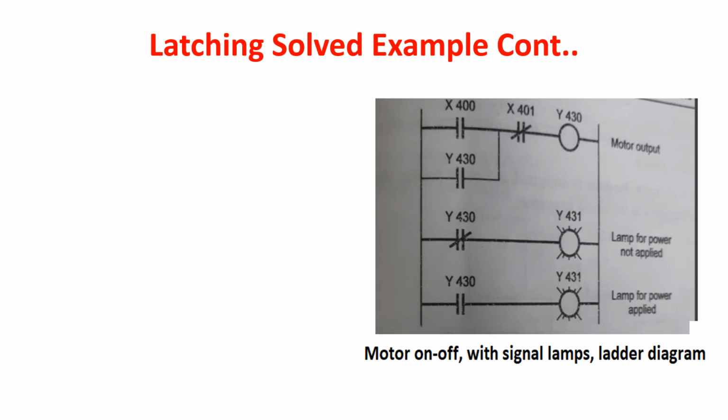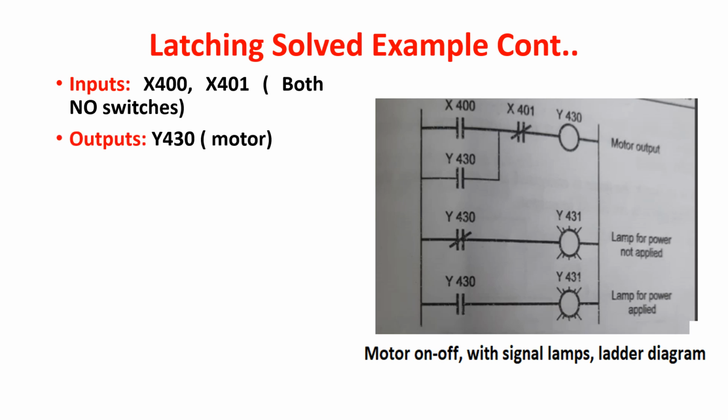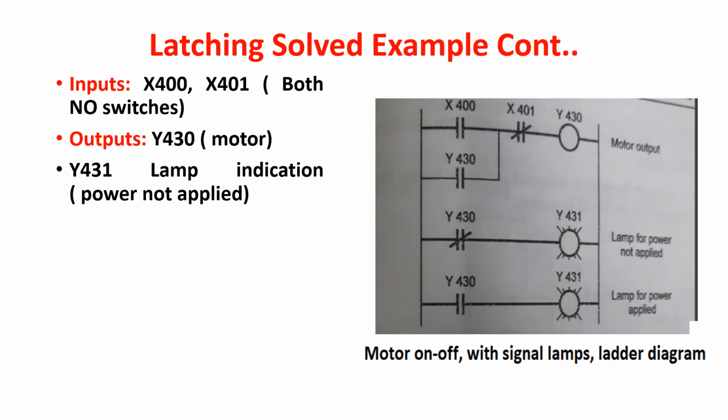The inputs for this ladder diagram are X400, X401. Both are normally open switches, that is NO. The outputs are Y430, that is the motor, Y431, lamp indication when the power is not applied, Y432, lamp indication when power is applied.